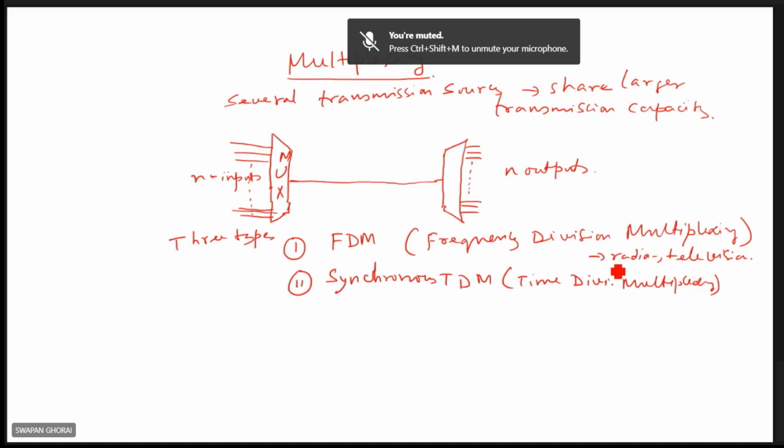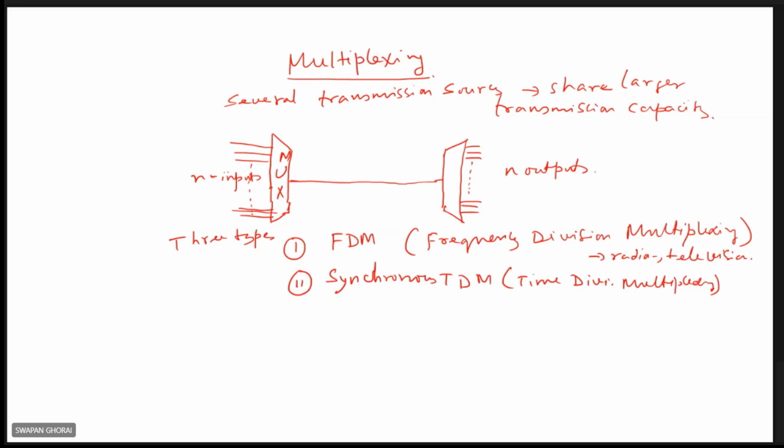Here, digitized voice streams and data streams are multiplexed. So synchronous TDM is used for multiplexing digitized voice streams and data streams.